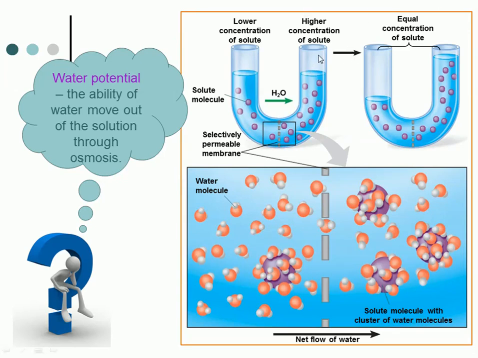As such, water molecules will move from the region where they are in higher concentration of water, which is the one on the left, to the region where they are in lower concentration of water, which is the one on your right. So always remember, low concentration of solute means higher concentration of water. Higher concentration of solute means lower concentration of water.